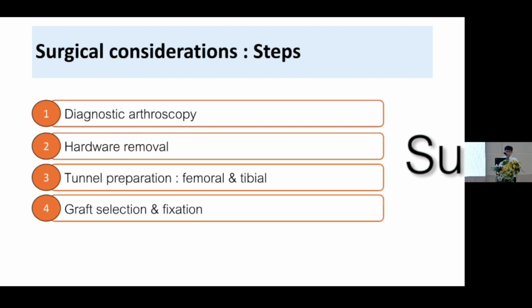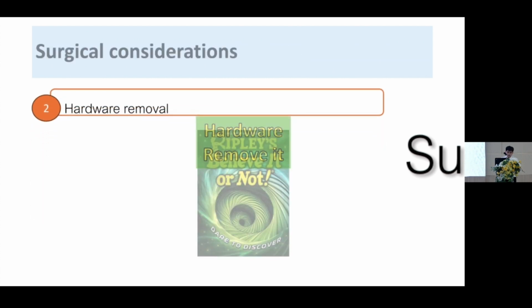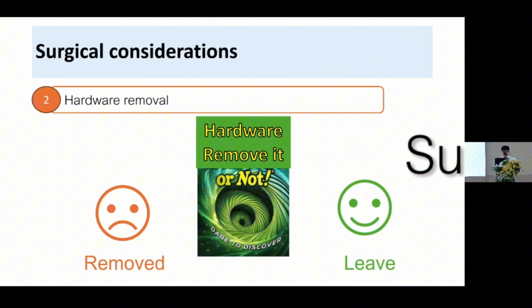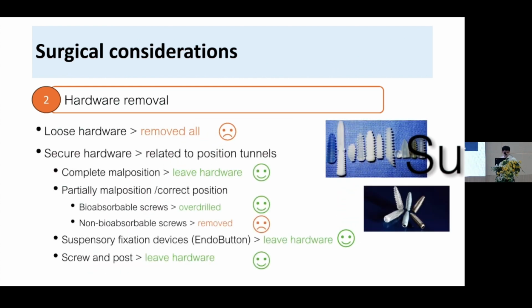Next is about the hardware removal. The interesting question about the hardware is whether we will remove it or not. So the answer has just two: remove and leave it. If the hardware is loose, we should remove it regardless of its positioning.